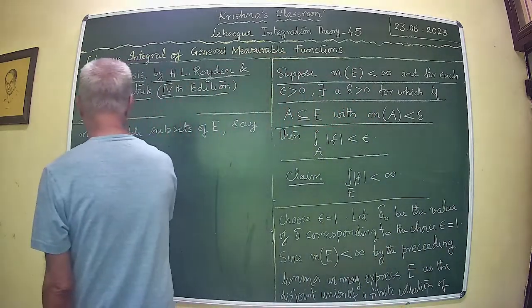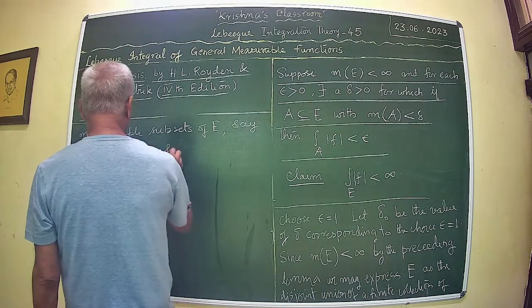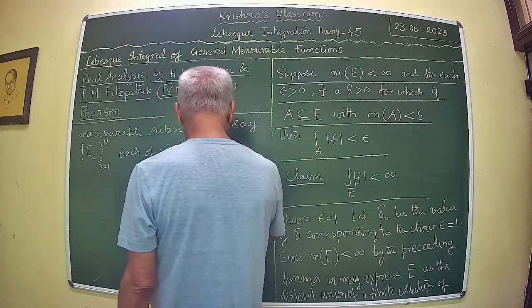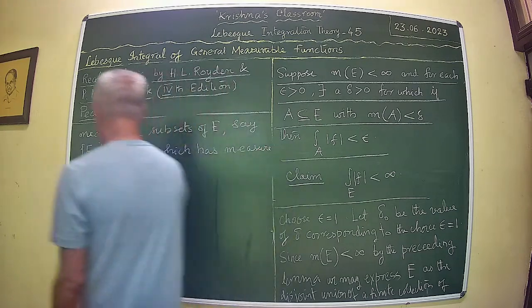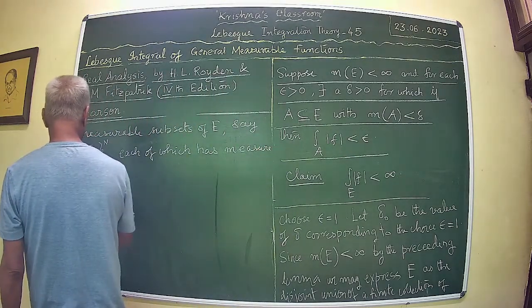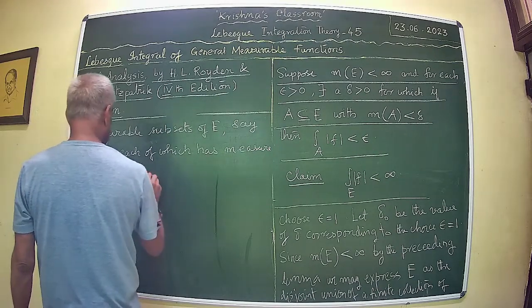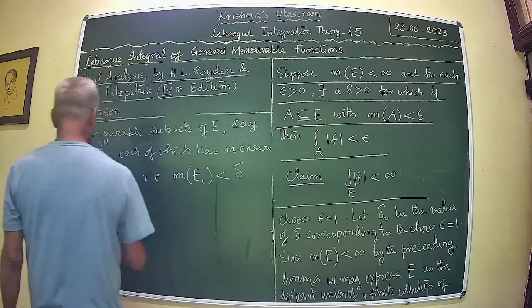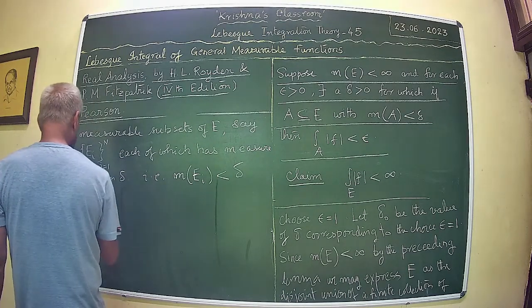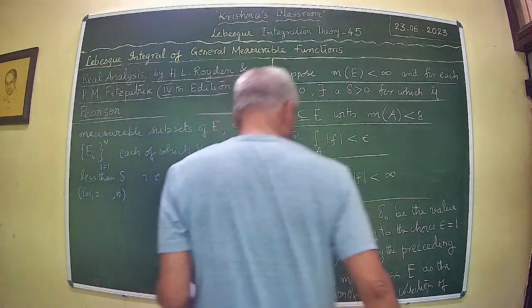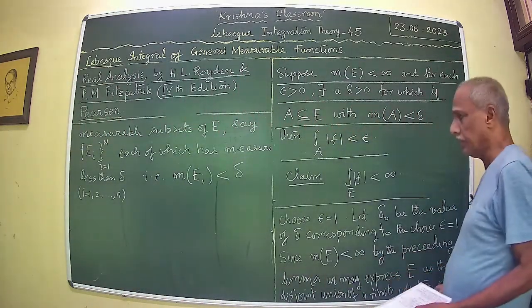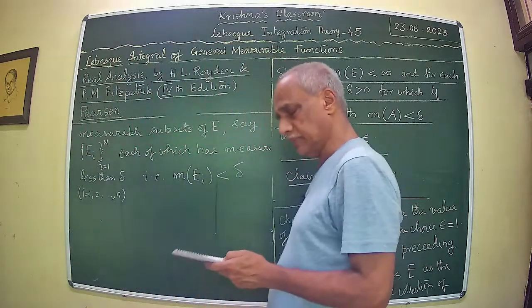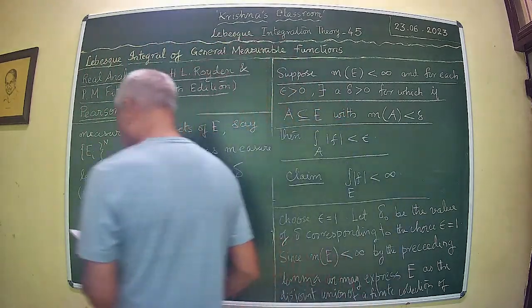each of which has measure less than delta. Of course it's a disjoint union, so you have E_i intersection E_j, i different from j, is empty. Then what do you have?